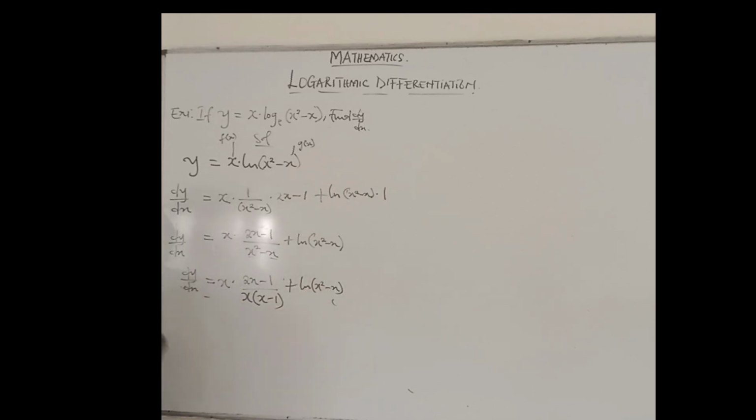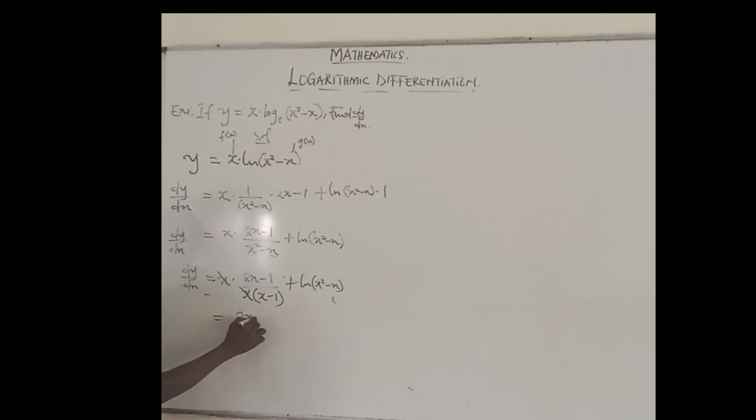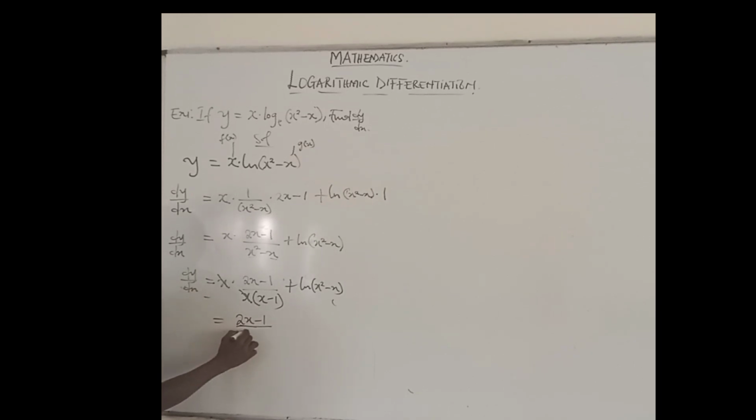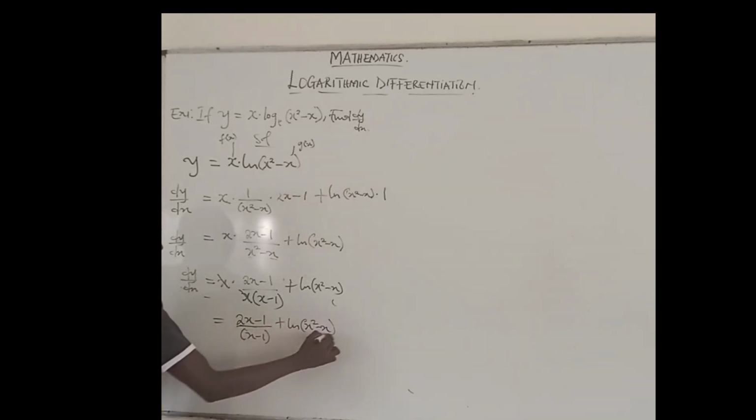I believe you understand. So now, we eliminate s. So the next thing we are going to have here is what? (2s minus 1) over (s minus 1), plus ln of (s square minus s). So that is your final answer.